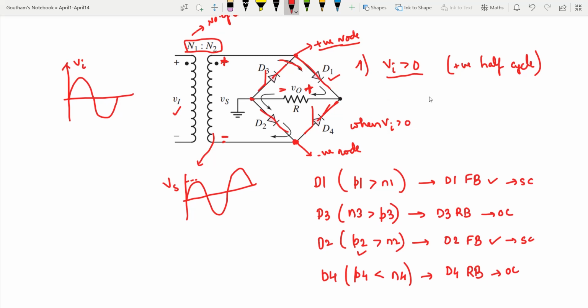So when Vi is greater than 0, what is V0? V0 is equal to Vs, whatever Vs is over here in the positive half cycle. When Vi is greater than 0, this passes through.